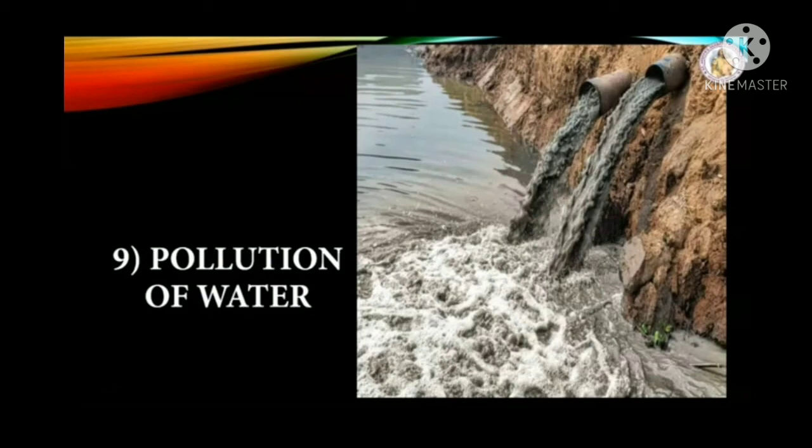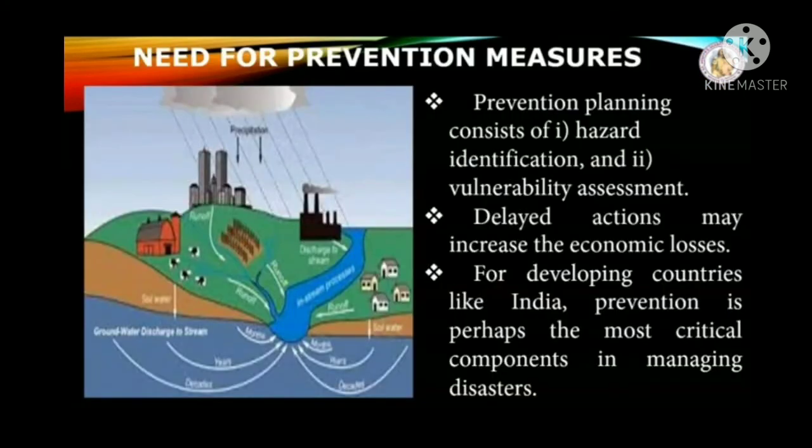What are the prevention measures we need? Prevention is defined as the activities taken to prevent a natural calamity or potential hazard from having harmful effects on either people or economic assets.